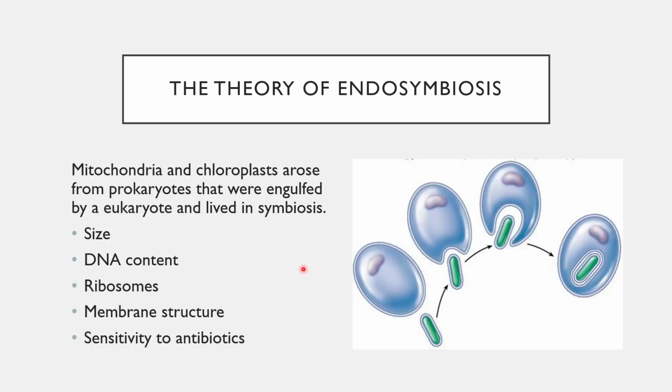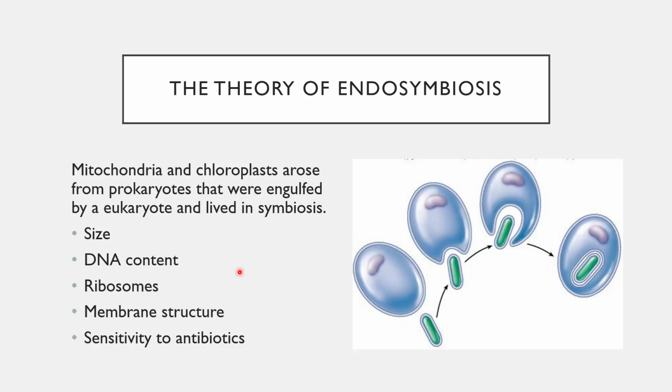The prefix endo means inside, and symbiosis means mutually beneficial or working together. So what the title of this theory actually means is that a smaller cell was engulfed inside of a larger cell, and they developed a mutually beneficial relationship.